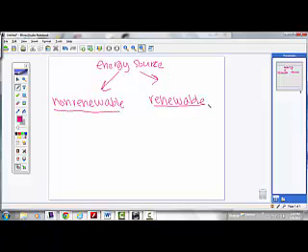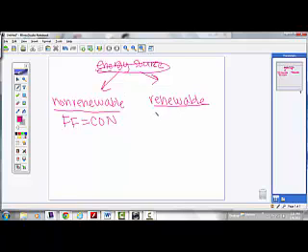Remember, our non-renewables are fossil fuels. FF equals con. Our fossil fuels are coal, oil, and natural gas. They are non-renewable because we cannot replace them easily. We use coal, oil, and natural gas to provide us with energy.